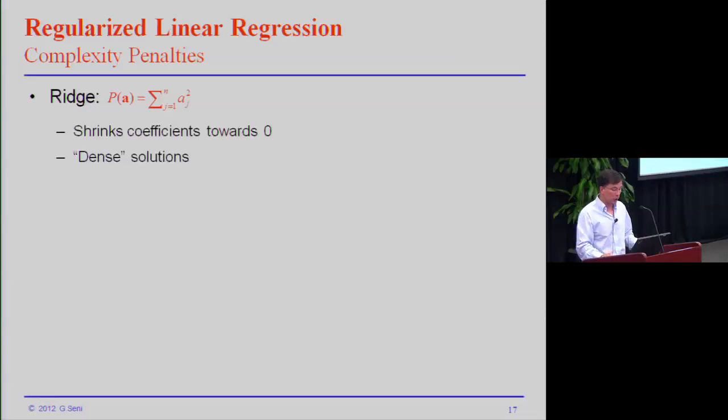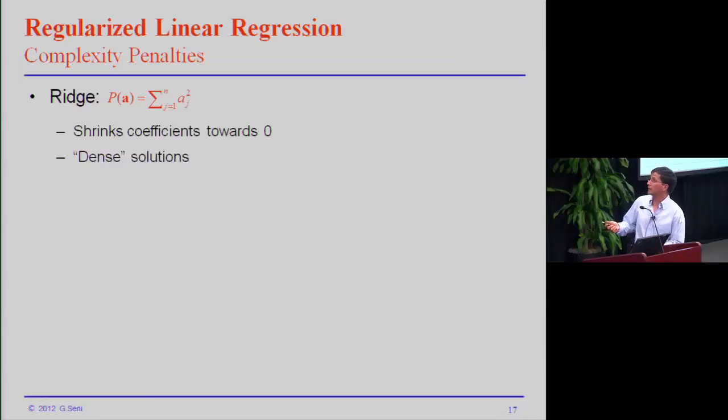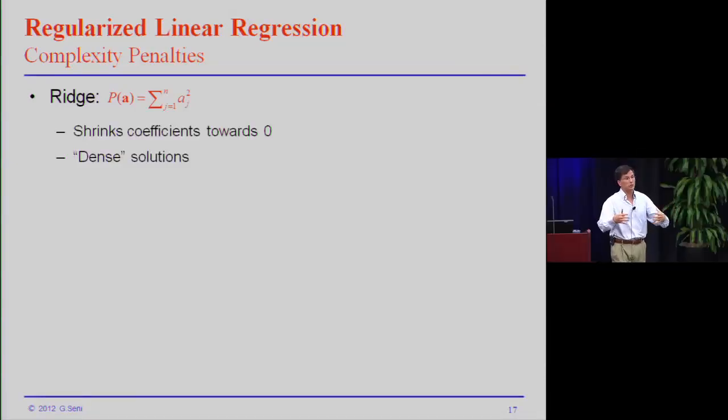So let's look at a couple of examples of penalties and their properties. One of the best, most well-known penalties is what is called the ridge penalty. Compared to the ordinary linear regression coefficient estimates, the ridge penalty shrinks the coefficients towards 0. By looking at the definition of the penalty, as the magnitude of the coefficients grows, the penalty grows. So the effect of having the ridge penalty in the risk minimization procedure is to pull them back towards 0.